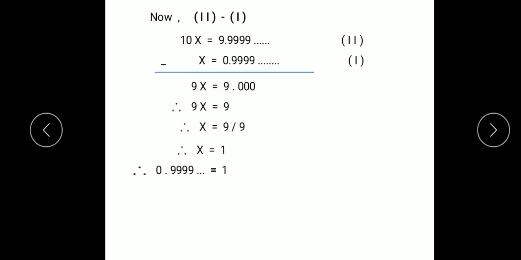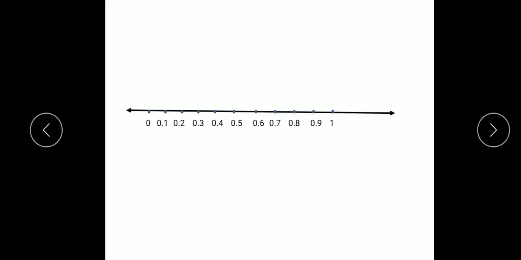How's that possible? Let us have a look at this number line. Here, we have magnified the distance between integers 0 and 1. To do so, we have divided the distance into 10 equal parts. So, here you can see a decimal number line.